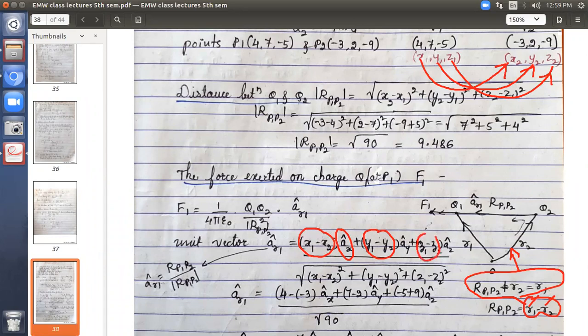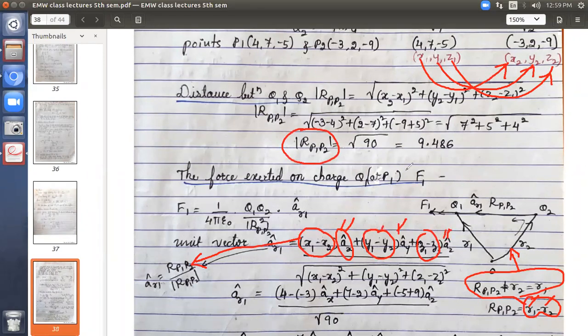So in all three directions, if you subtract, and ax, ay, az are the a caps, the unit vectors in x, y and z directions, if you write like this, this will give you the position vector. Remember, this is different from the magnitude of this position vector. When you're talking about a vector, it should have these directions.